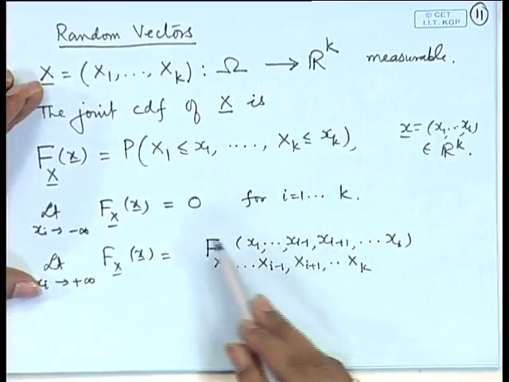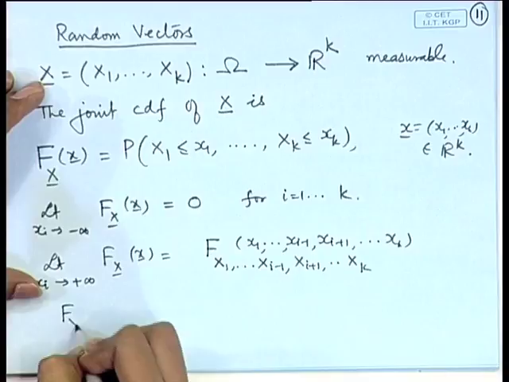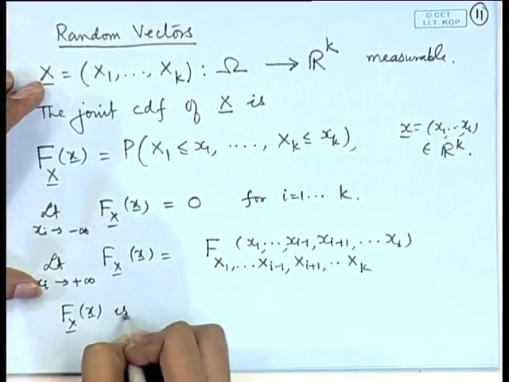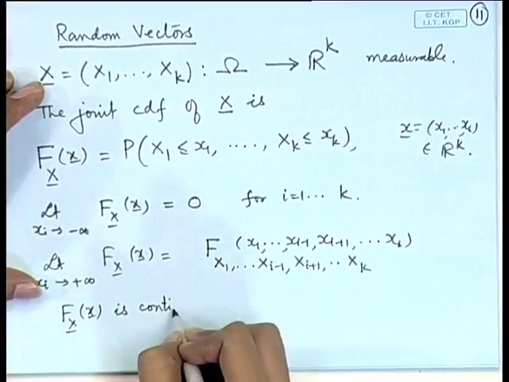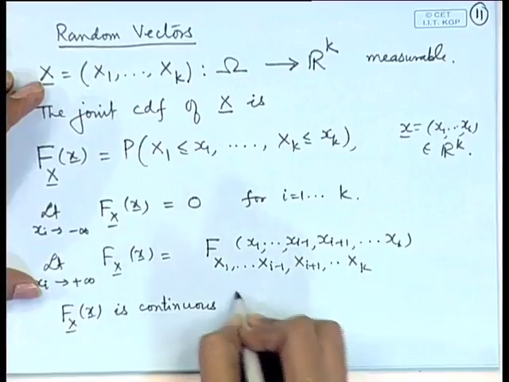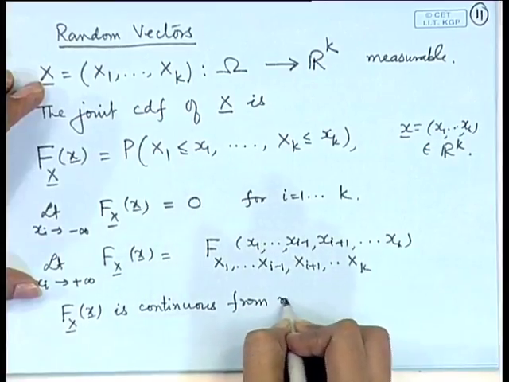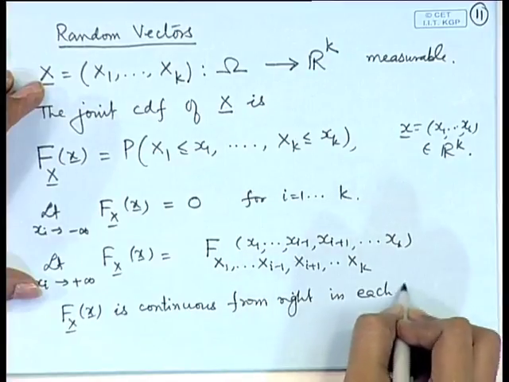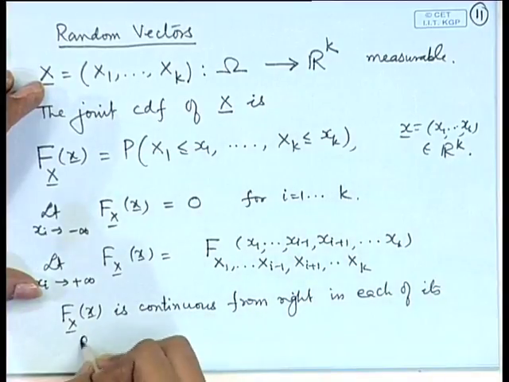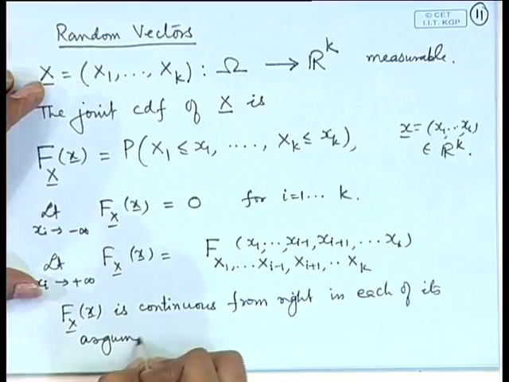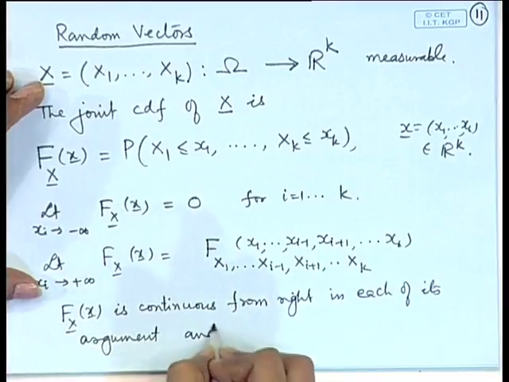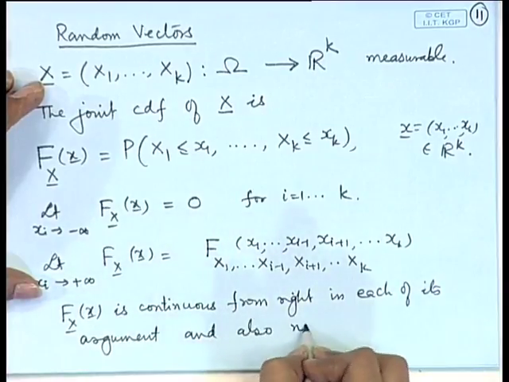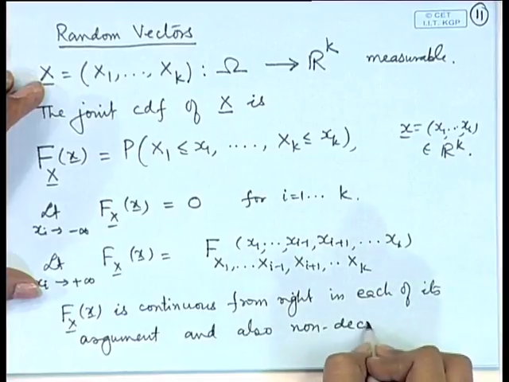The function F_X is continuous from right in each of its arguments and also non decreasing.